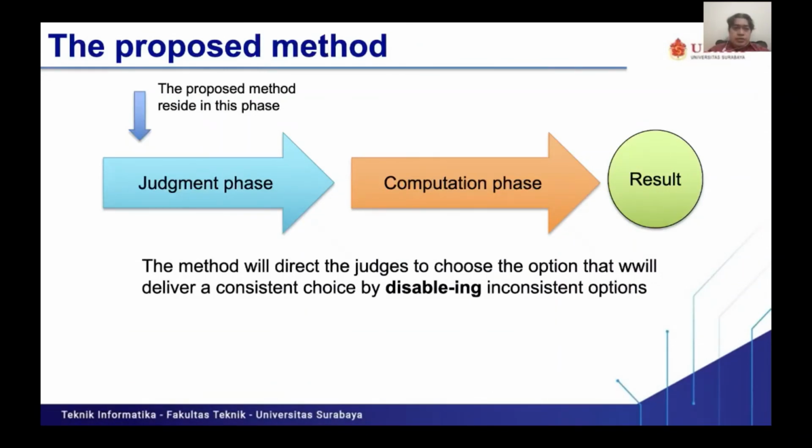My proposed method lies here. The proposed method is set in the judgment phase. In the judgment phase, we create a new method that lets the judge choose the option that will deliver a consistent choice by disabling the inconsistent option.